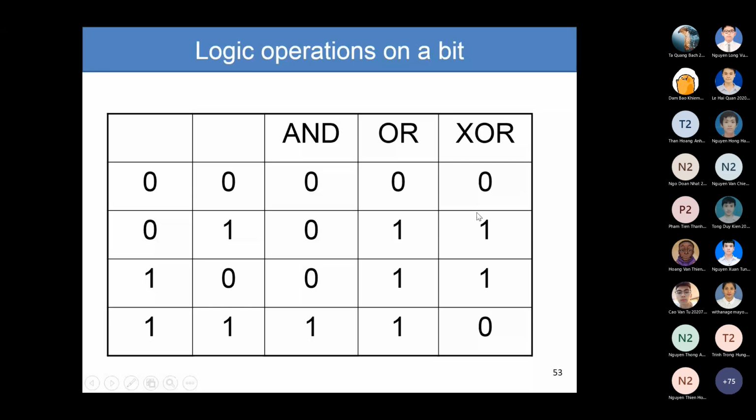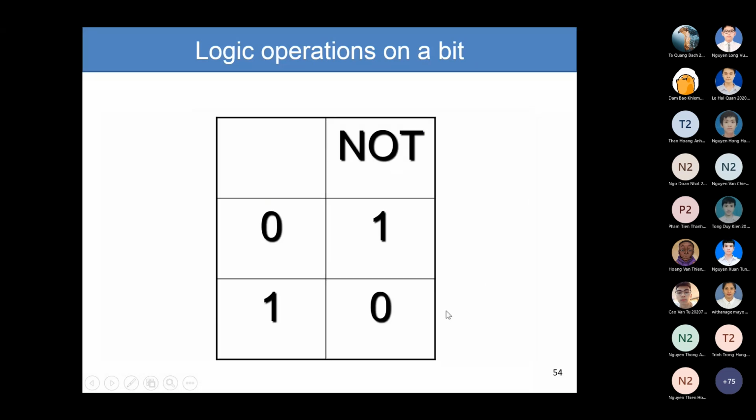If the inputs are the same, the result is 0. For example, the input is 0 and 0 or 1 and 1, so the result of XOR is 0. Okay. For the NOT function, it is the opposite of the input. Input 0, output 1. Input 1, output 0. Okay.